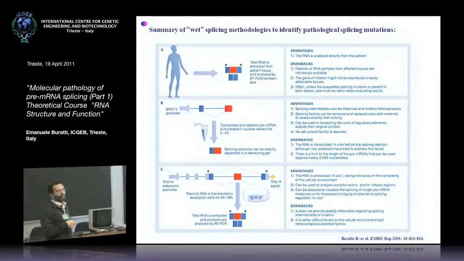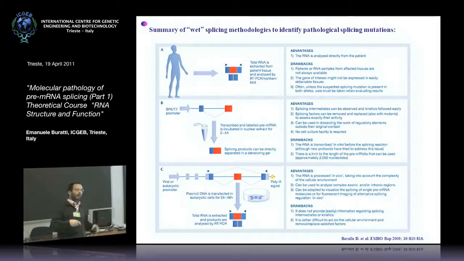This has the obvious advantage that if you look at the patient, you see exactly what is going on. There are some disadvantages, basically because sometimes the patient is not available. If you screen for splicing mutations for some genetic diseases, it's not like you have many people who are affected by the disease.